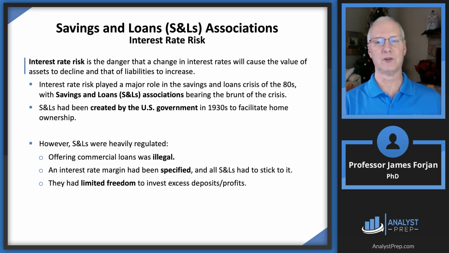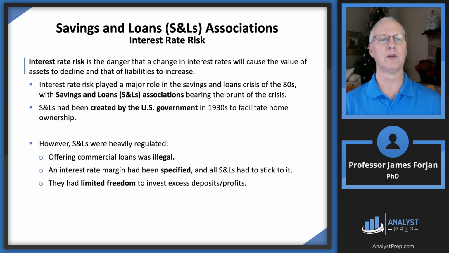Remember that financial institutions essentially borrow in the very short term, promising, let's just call it a low interest rate, and then they lend that capital out in the longer term, let's say at a higher interest rate, and that margin, that spread, was specified by the government regulations.